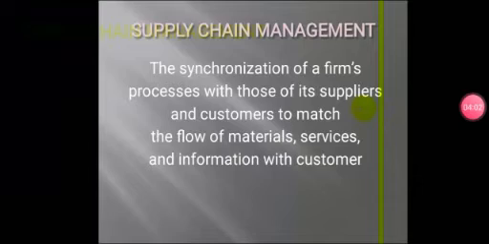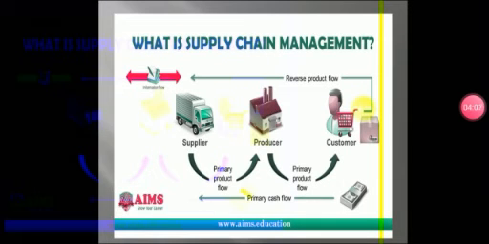All firms have processes and supply chains. Product flows from supplier to producer and producer to customer. Cash flows from customer to producer and producer to supplier.